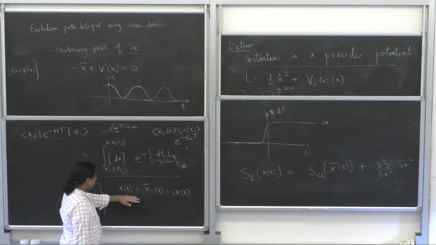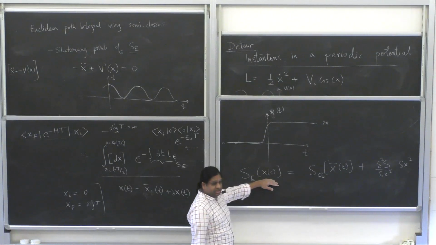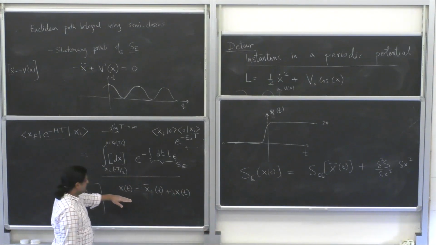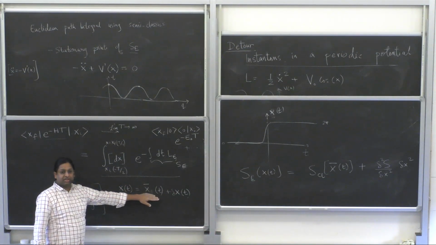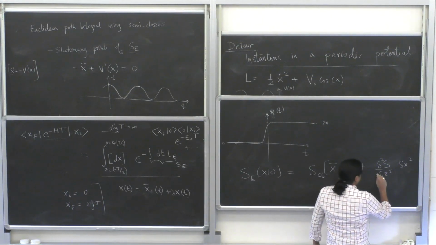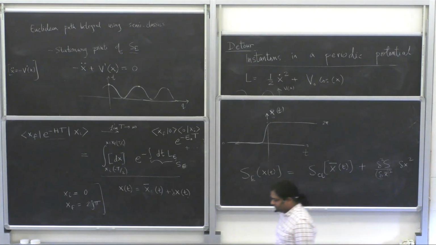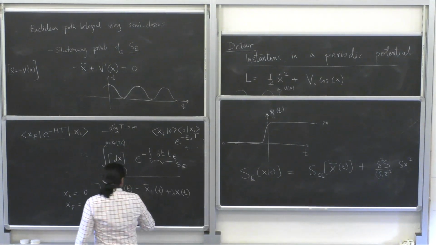When you do the Taylor expansion of this functional, there's no linear term, because the linear term is 0 by the definition of the fact that x bar satisfies the equation of motion. So the variation of the action with respect to x at the equations of motion vanishes.